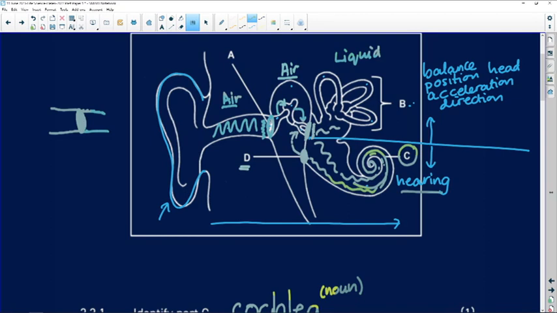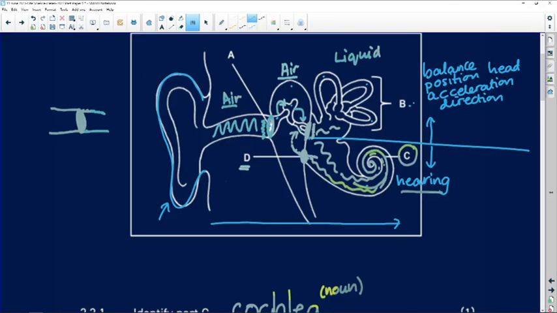And what it's doing is it's preventing an echo. If you didn't have your round window working properly, you would hear yourself say something, life sciences, quieter and quieter, because the sound waves would pass through this window and trigger another round of hearing of the same thing.